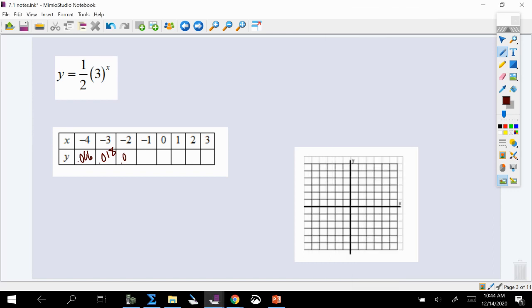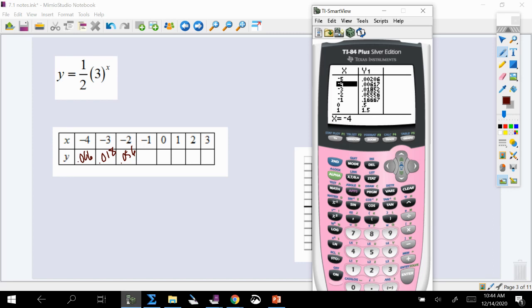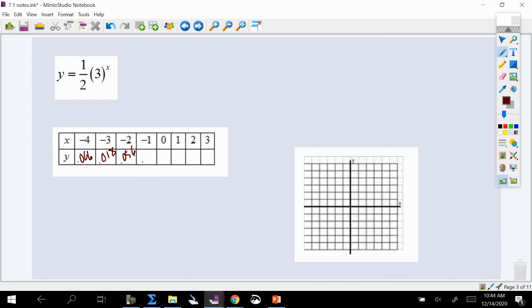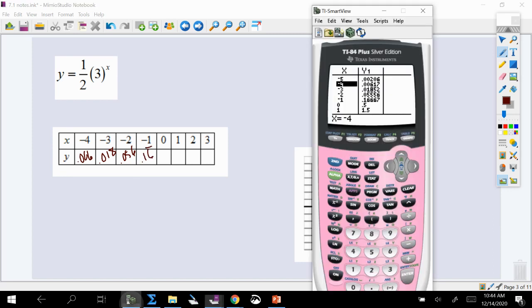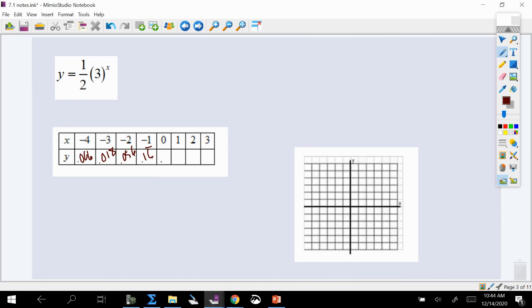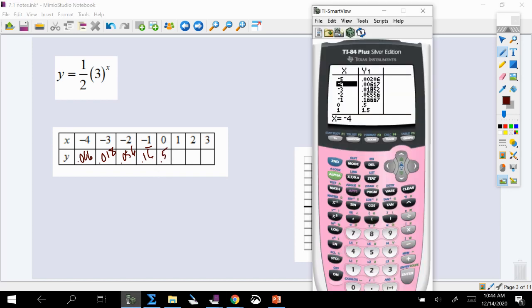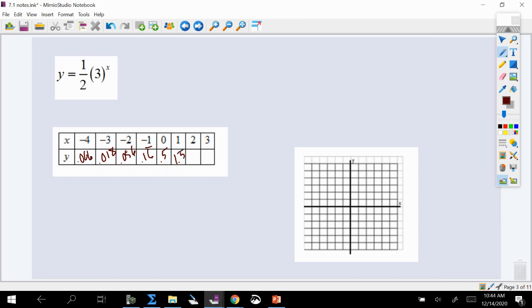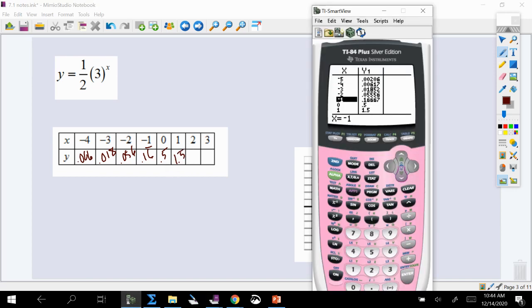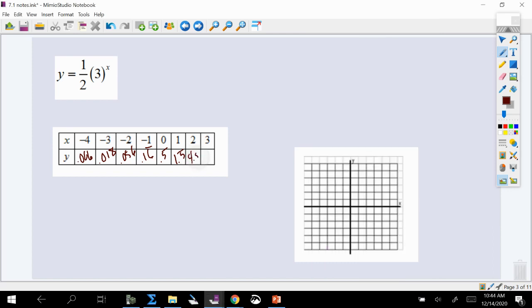It's going to round up to 0.056. When I put -1 in, I'm going to get 0.16 repeating. When I put 0 in, I get 0.5. 1 is 1.5. Go down a little bit here. 2 is 4.5 and 3 is 13.5.